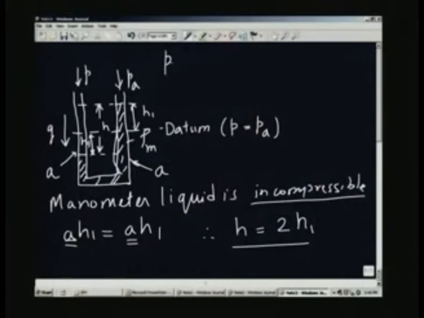And we can also see now that P minus P A, so, I draw a line here, this is our line now. On this side you have P plus a certain height of the column of the fluid whose pressure I am measuring.